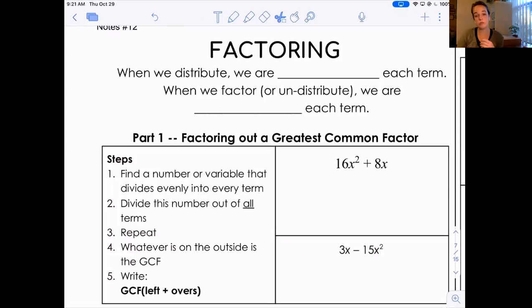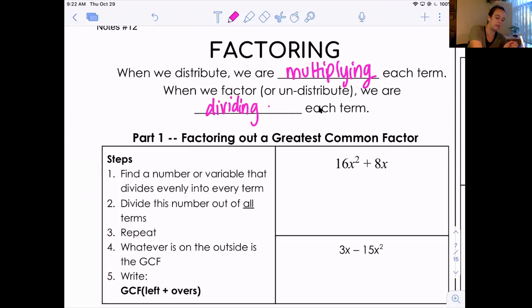You can choose what you want to write down; you don't have to write down everything. When we factor or undistribute, we're taking things out. We are technically dividing out from each term.